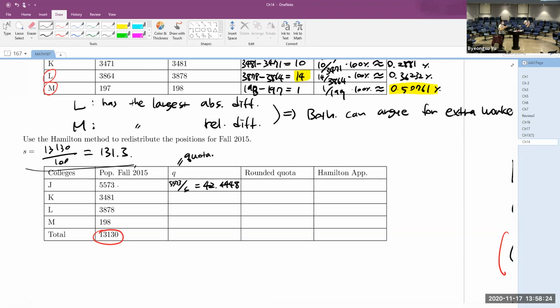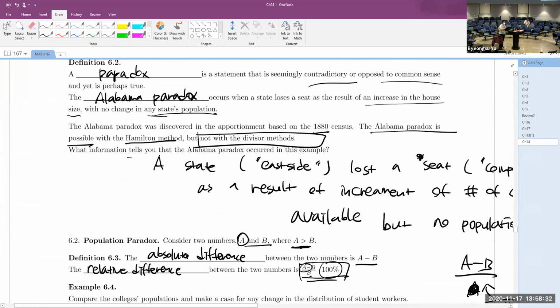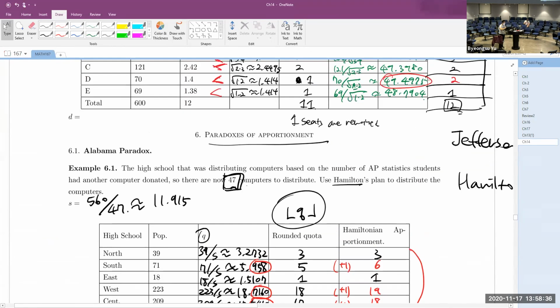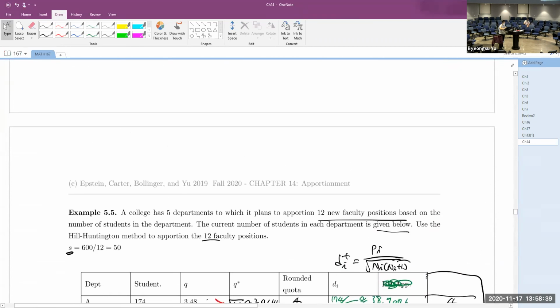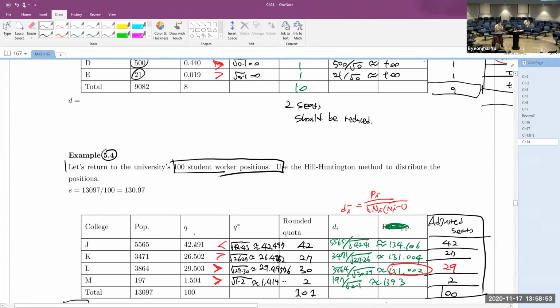Why do I need to divide it? That's a good question. It actually came from example 5.4. So it is a continuation of example 5.4. We just assume that 100 student worker positions exist here.